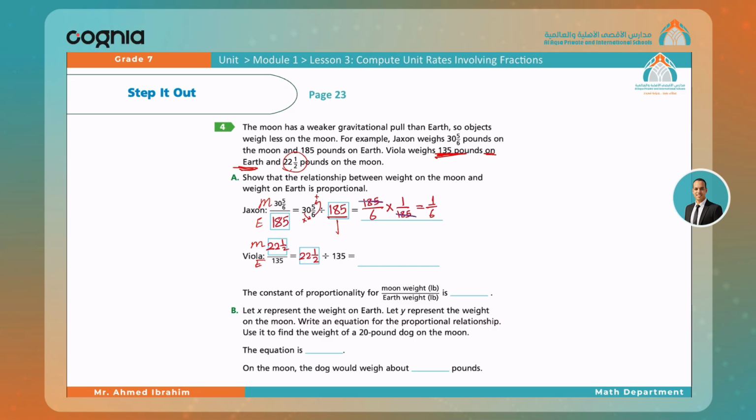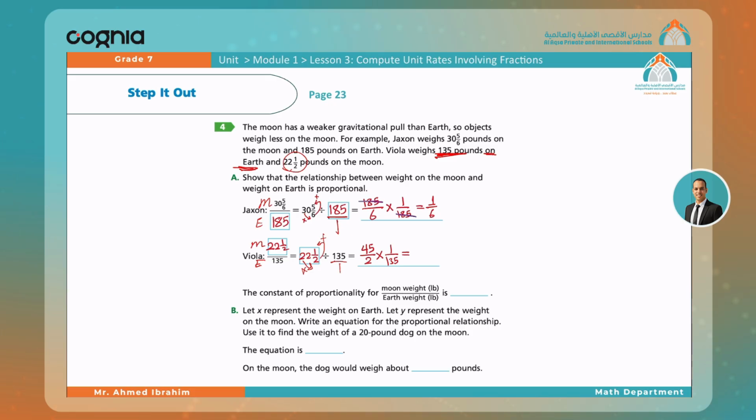Again, we'll turn the 22 and a half into a fraction by multiply and plus. 22 times 2 is 44, plus 1, which is 45 over 2. Divide, turn it into multiply, and 135, which is actually 135 over 1, you flip it to 1 over 135.